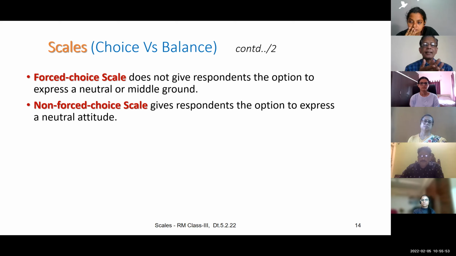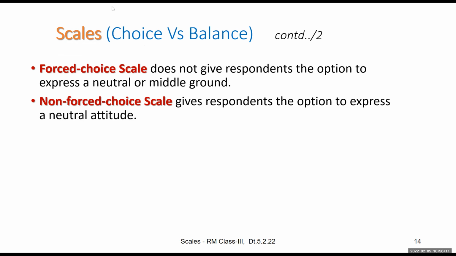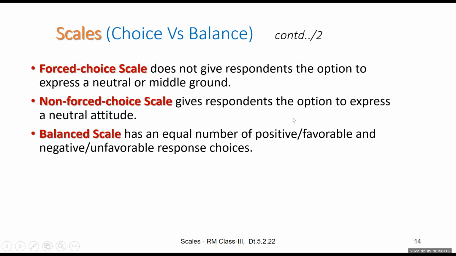But if you feel that a particular thing is really good, and within the good, how good it is, then it is better not to have the negative side. Is anybody getting me? So sometimes we have to have some forced choice scale also to get better responses.